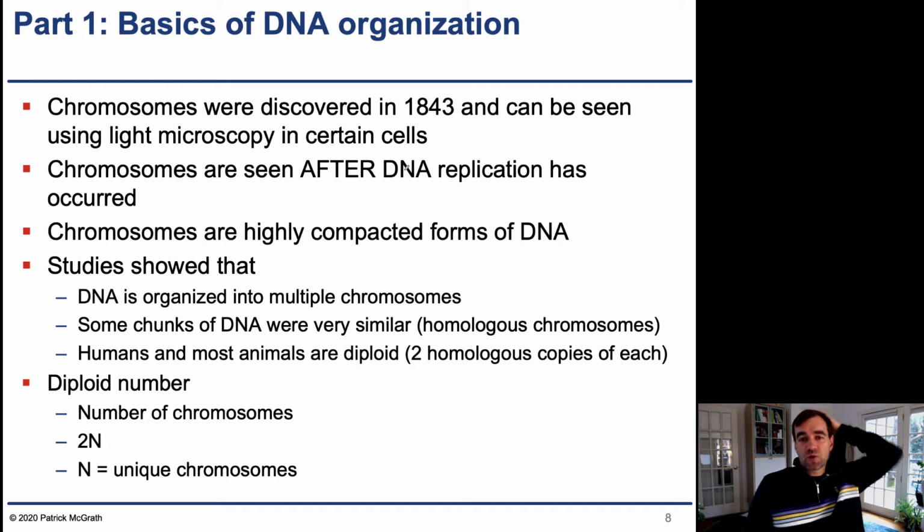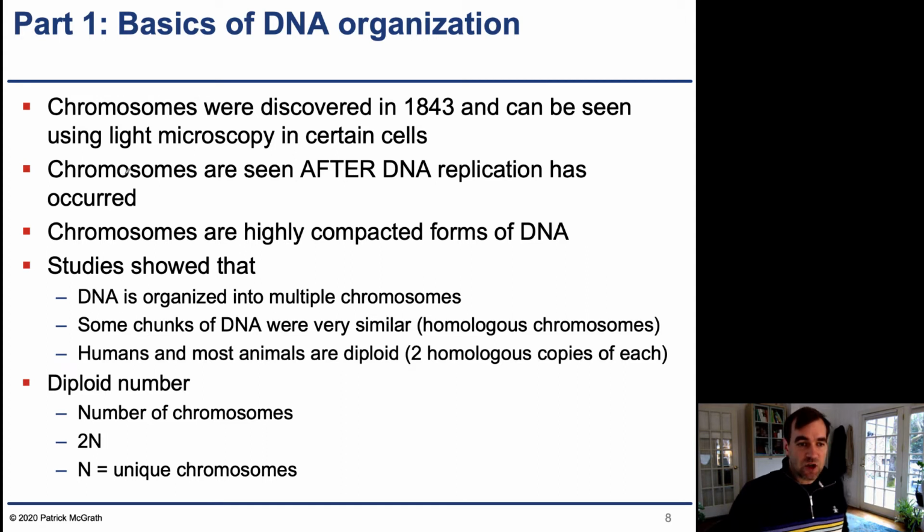So chromosomes were discovered in 1843. A long time ago, people were able to actually see these structures, and initially all they had to use was light microscopy in certain cells. Before they discovered DNA dyes that can actually stain those, these chromosomes were large enough that they could be seen in actual light microscopy.